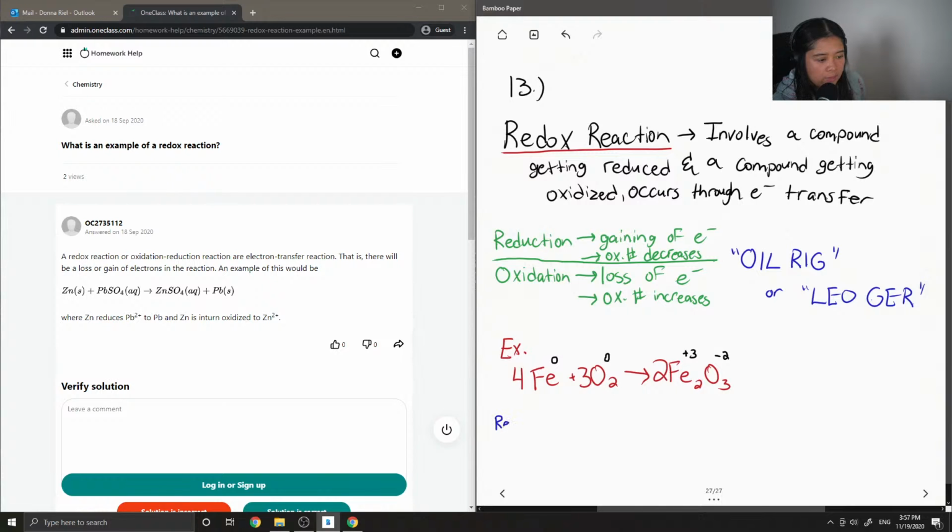That just means I'm going to separate and show the reduction reaction. And then I'm going to show the oxidation reaction.